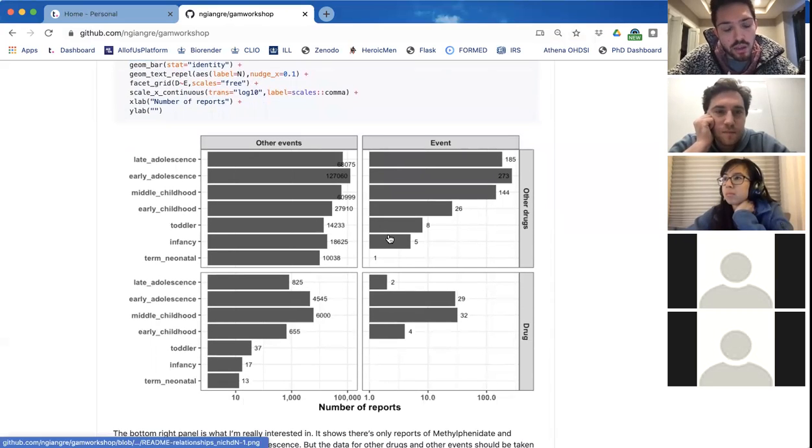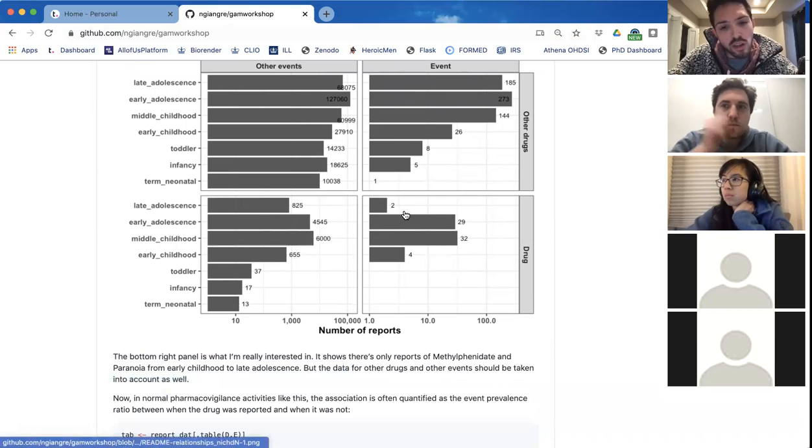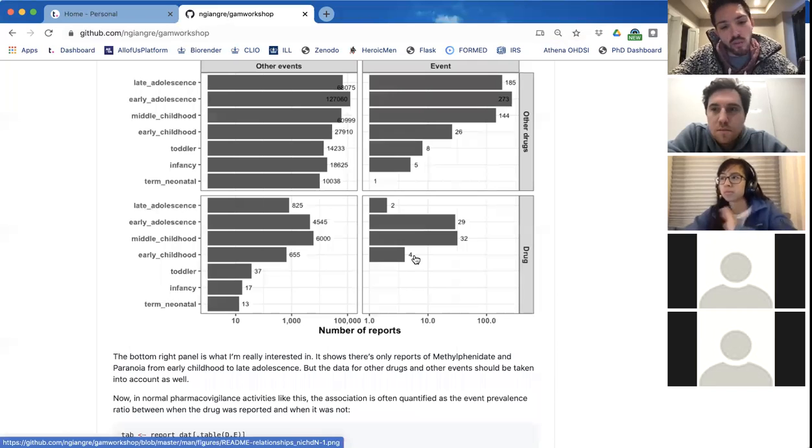And so you can see that I have the other events with other drugs, or other events with the drug, and the event with the drug. The bottom right is what we really are interested in. We don't have a lot here that's publicly available.